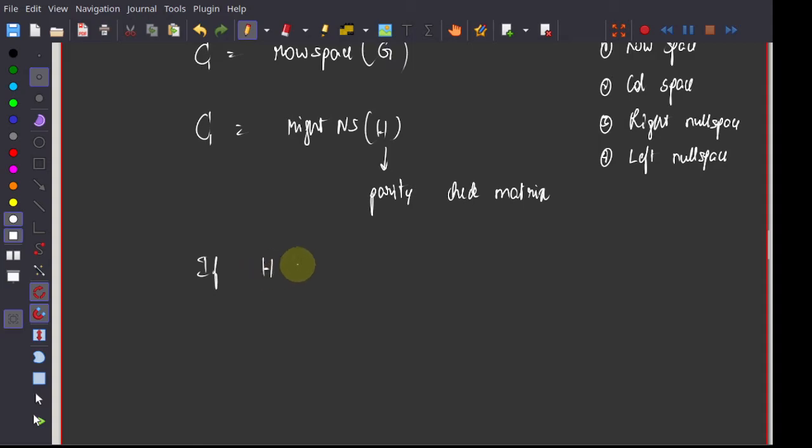So if H is a parity check matrix for code C, and c is any code word, then what can you say about H times c? This is the zero vector, or H c transpose should be equal to the zero vector.